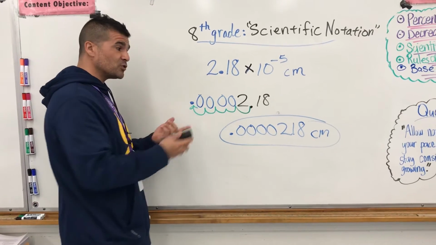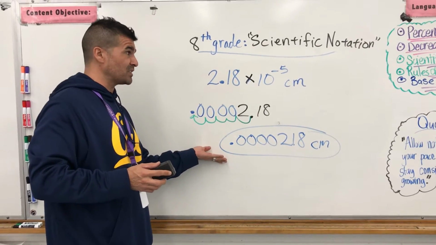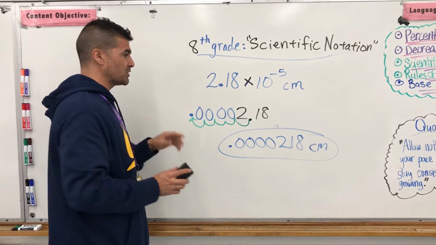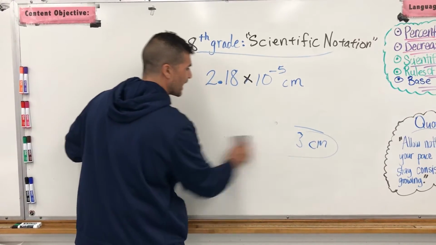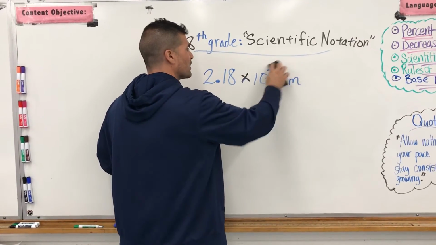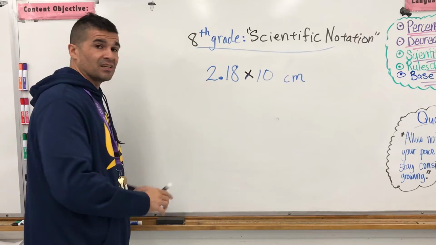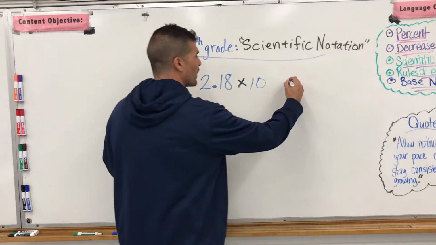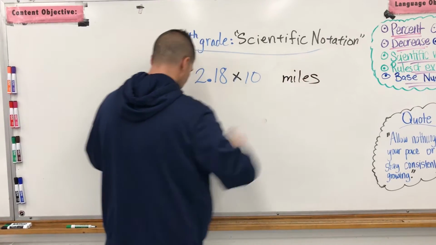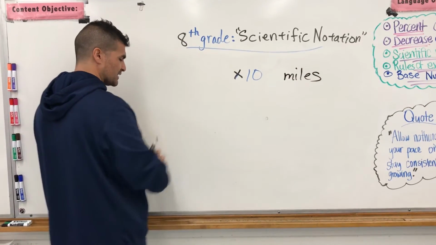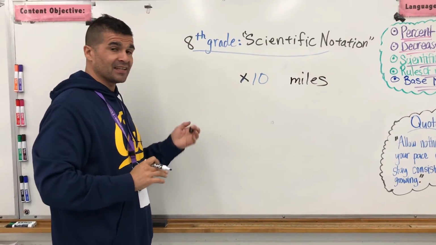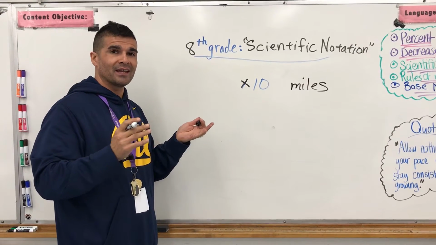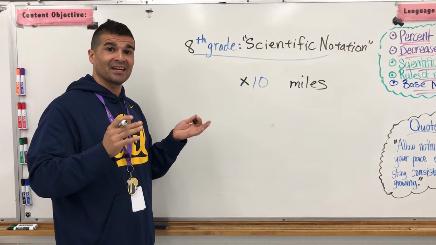But I wanted you guys to practice with more than just this one question for scientific notation. What if I start giving you examples that are not just to the 5th or to the negative 5th power? What if we have miles? And what if we don't have the same number, 2.18, which is 2 and 18 hundredths?